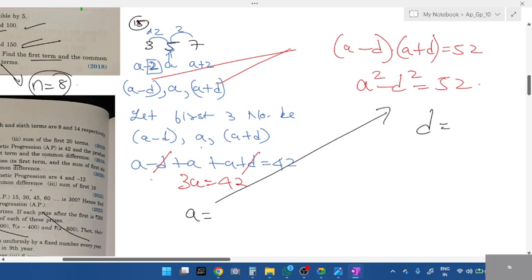Let me check. A plus A, 2A, 3A, and D gets cancelled. What is A value, students? What did you all get?